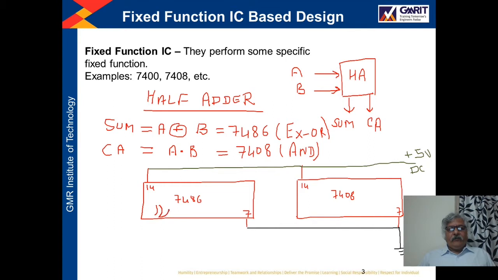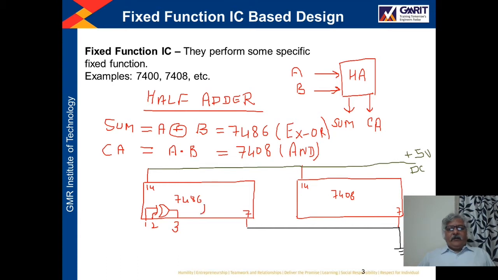This is the first gate. Pin number 1 and pin number 2 are the inputs of this XOR gate, and pin number 3 is the output.